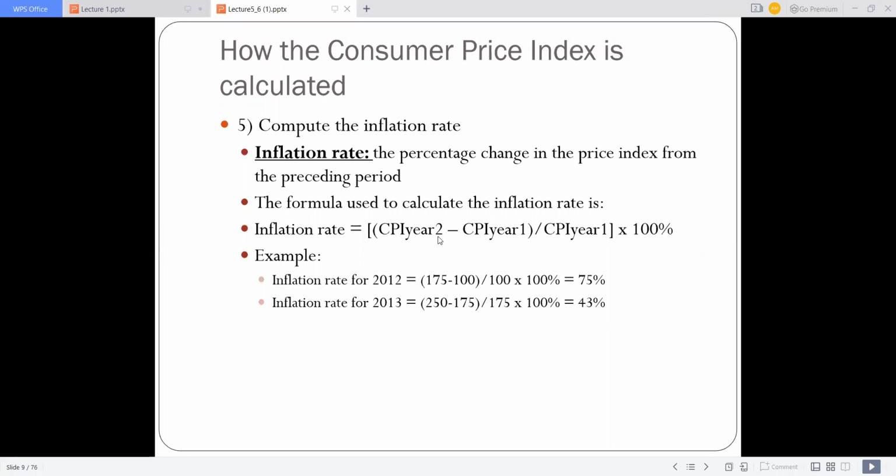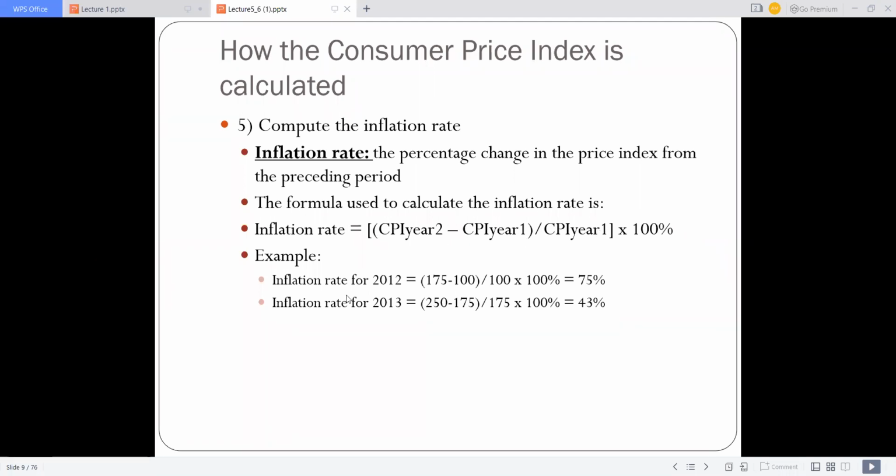So we want to calculate the inflation rate for 2022. We're looking at the CPI for this particular year. We already have the CPI for the previous year, all over the CPI for the previous year times 100. So it's like current minus past, all over past times 100. Or you can put it this way: new CPI minus previous CPI, all over previous CPI, times 100.